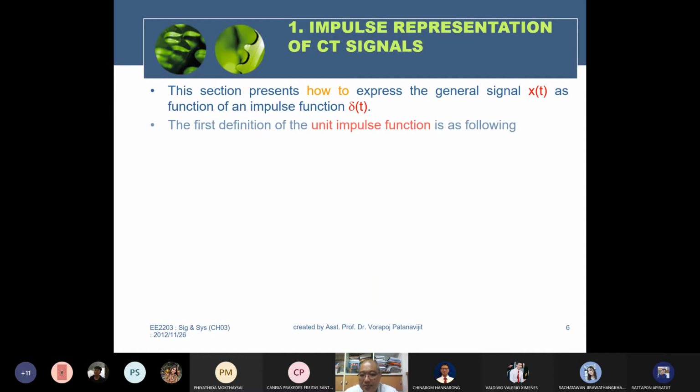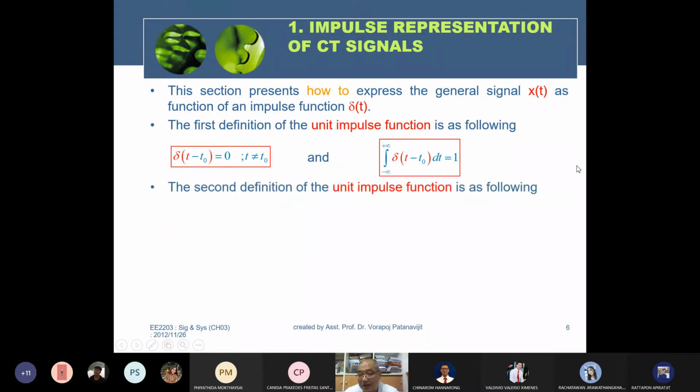The impulse response representation of continuous signals. This section presents how to express a general signal x(t) as a function of the impulse. The first definition of the unit impulse function is as follows, which I already taught you in the first or second chapter about the impulse characteristic.